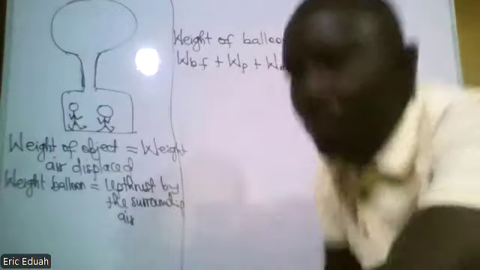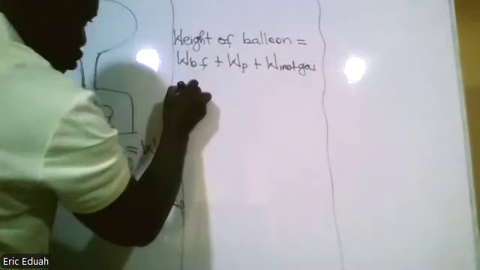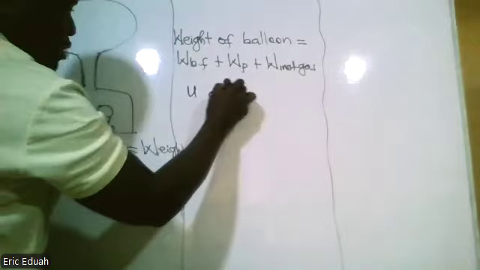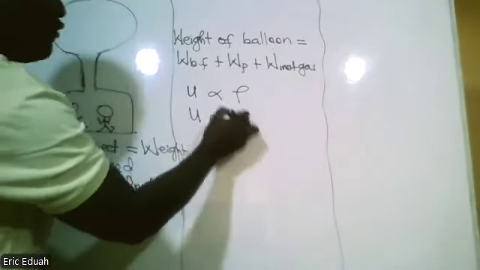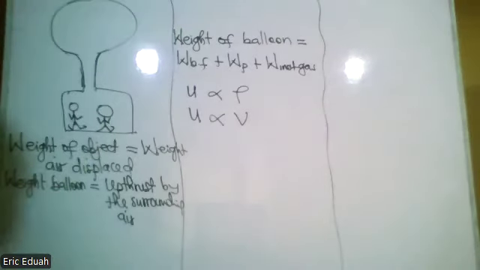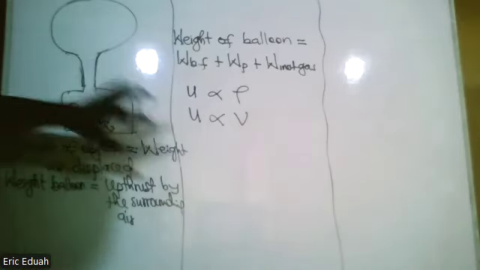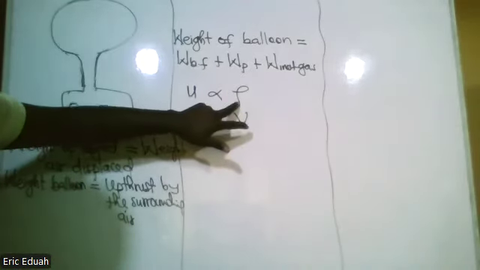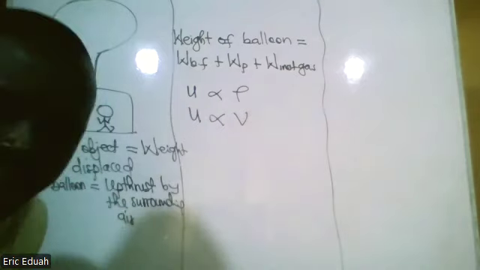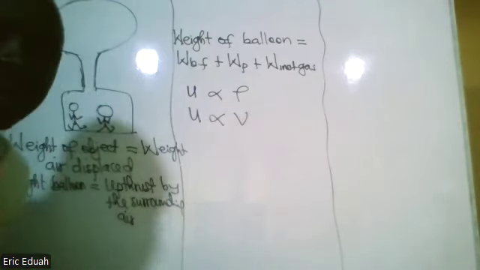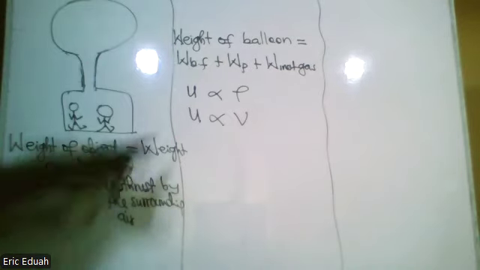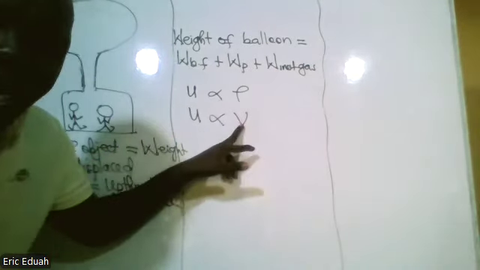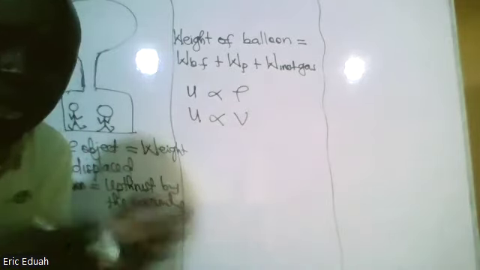Don't forget, upthrust U is directly proportional to density and directly proportional to the volume of air or fluid displaced. The density of surrounding air, we cannot do anything about because that is a constant value depending on natural factors. But the volume of air displaced can be changed.